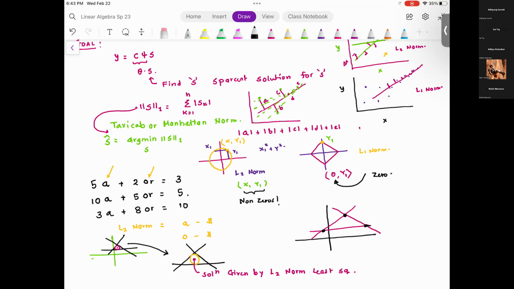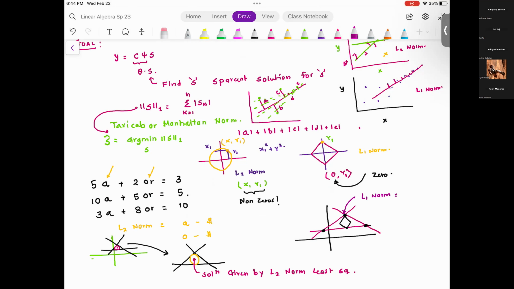So for example, if you want to find out the L1 norm solution, it would give me this solution, and that is because L1 norm is trying to give you the fit where you have a square that is inscribed inside these equations. So this is L2 norm and this is L1 norm solution.